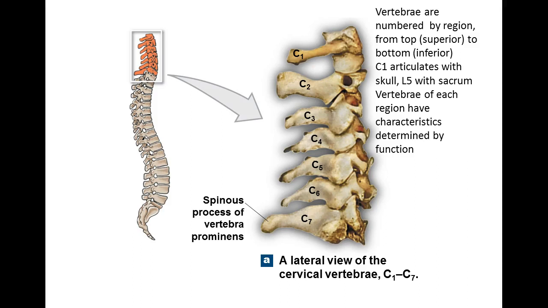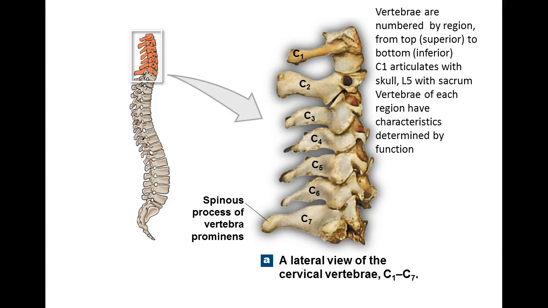And then Atlas sits atop dens. So Atlas is actually kind of like a ring, and it sits atop C2, which is axis, and it's kind of like that ring and peg game. And that allows you to actually have this movement of saying no with regard to your head.